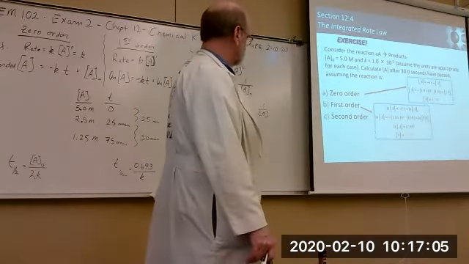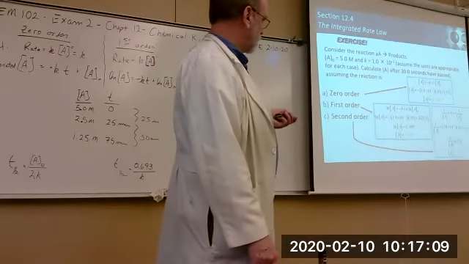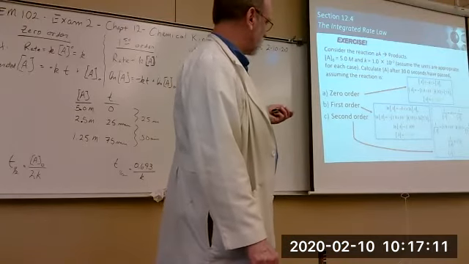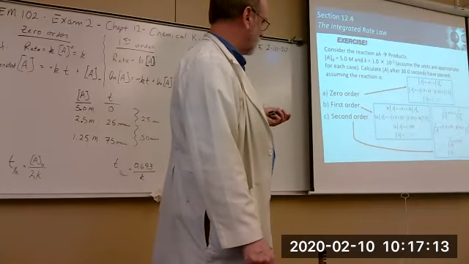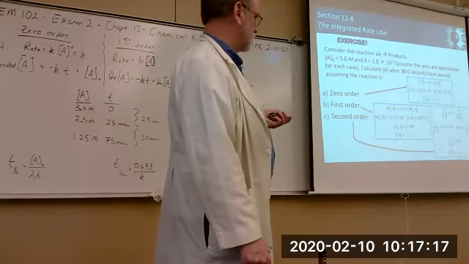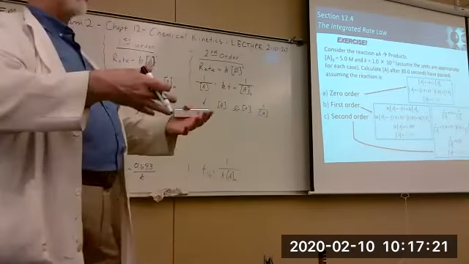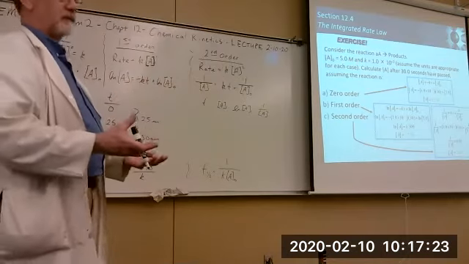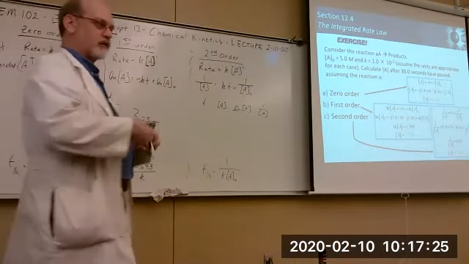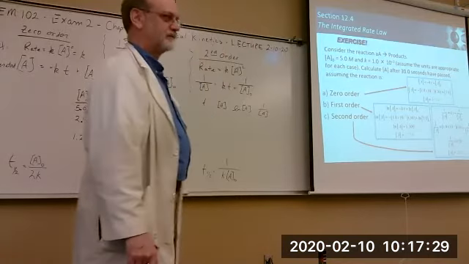Second order, here we go. Just plug in the numbers like we did before, and we find out that second order gives us even less over the same period of time. So that intuitively makes sense to me. 0 order is slow, first order is faster, second order is faster than that.